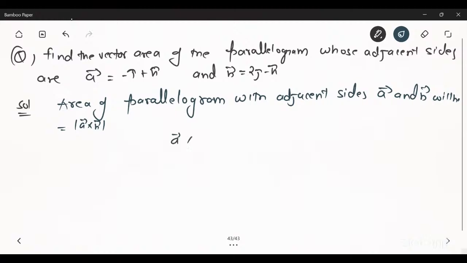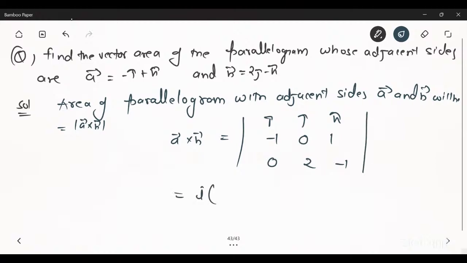So A cross B is the determinant of i, j, k. In the first row, A is minus 1, 0, 1, and B is 0, 2, minus 1. So its value will be i cap times (0 minus 2, which is minus 2), minus j cap times (1 minus 0, which is 1), plus k cap times (minus 2 minus 0).